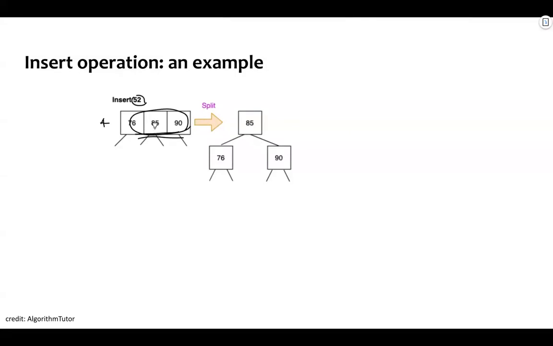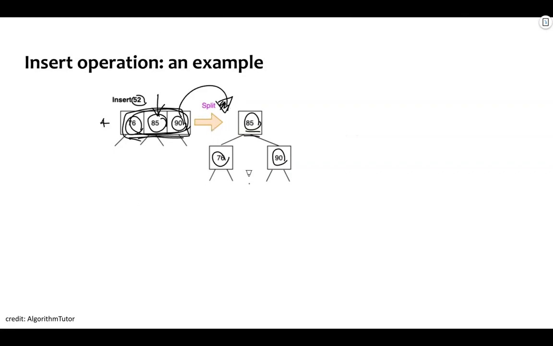What we usually do is make the center node a parent node, and the right and left ones children of the center node. After we split this 4 node into this configuration, we're going to perform inserting 52.